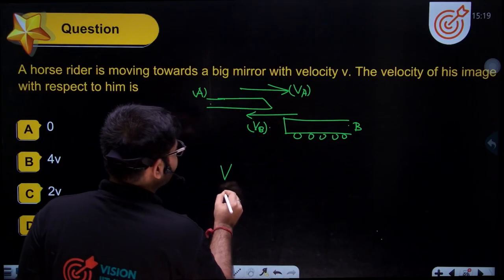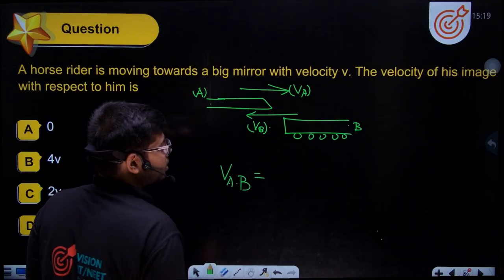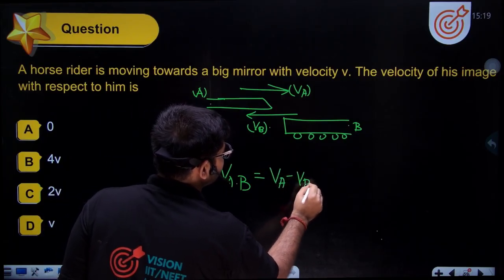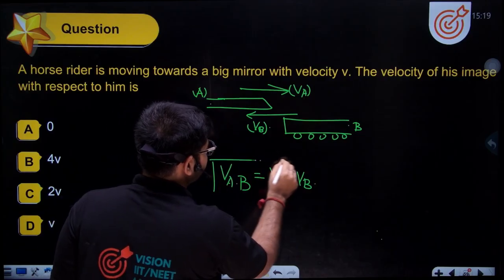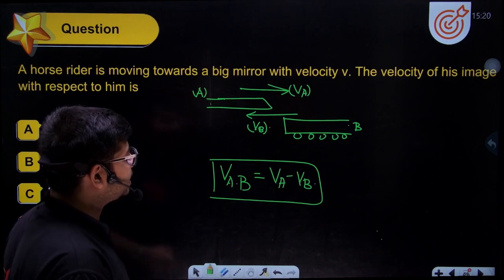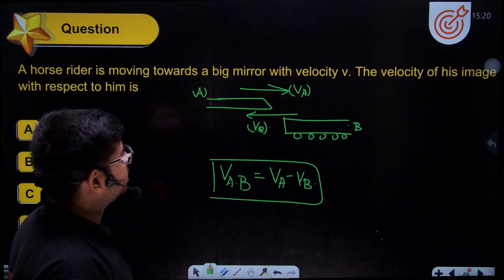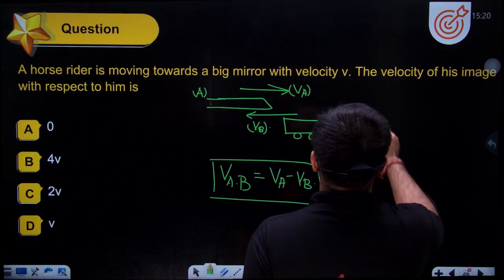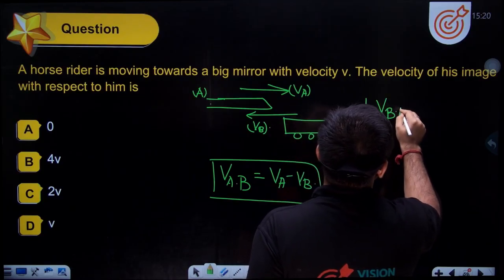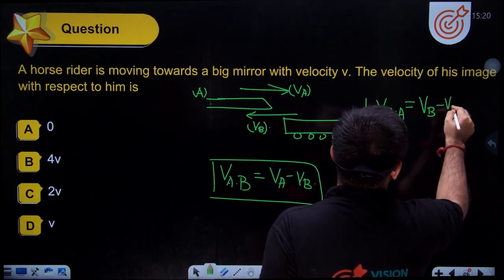We call the relative velocity of A with respect to B nothing but VA minus VB. Similarly, the relative velocity of B with respect to A is nothing but VB minus VA.